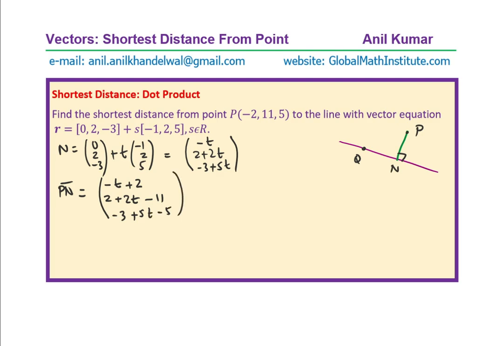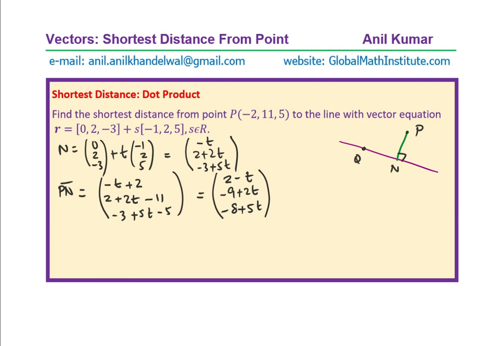Is it okay? Which could be written as, let's rearrange. We write 2 minus t. Combine these numbers. We have -9 plus 2t. And we have -8 plus 5t.